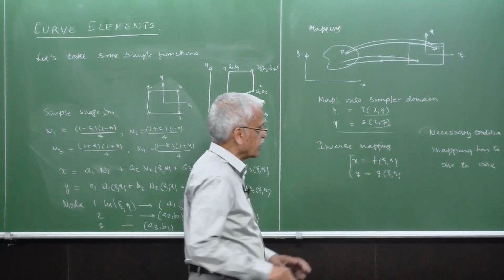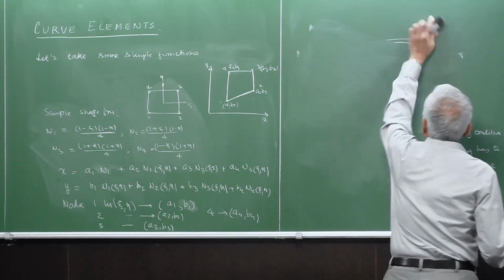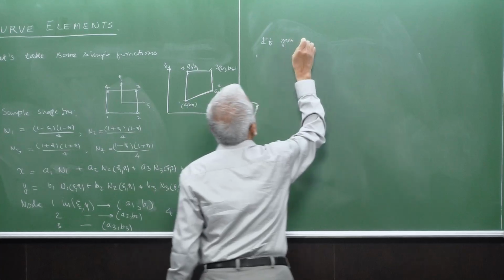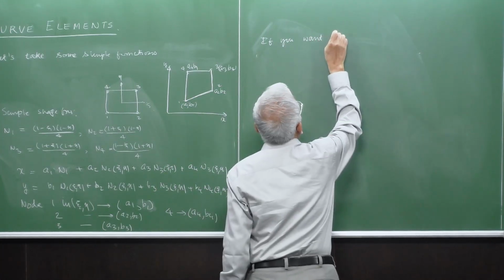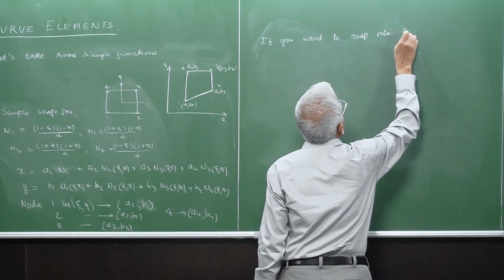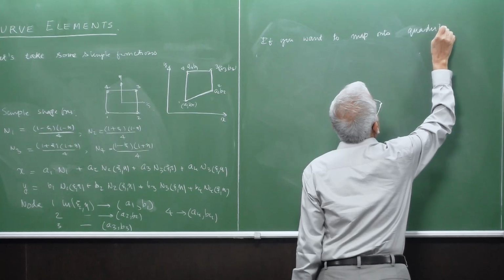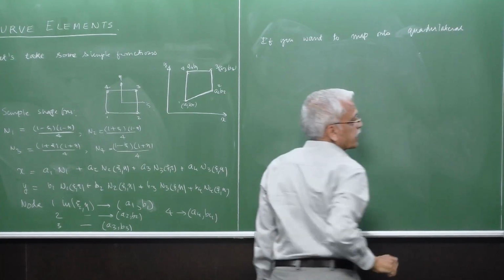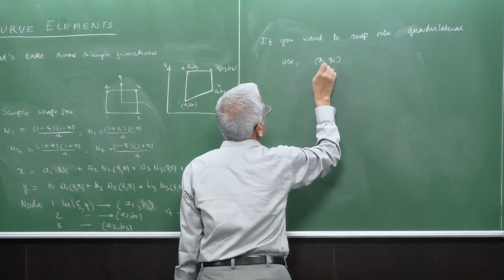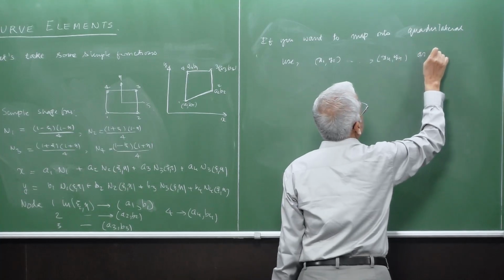Okay, so this represents a quadrilateral, and in fact, instead of writing a1, b1, a2, b2, if you want to map onto a quadrilateral, you can as well use x1, y1, the coordinates themselves, up to x4, y4 as parameters.